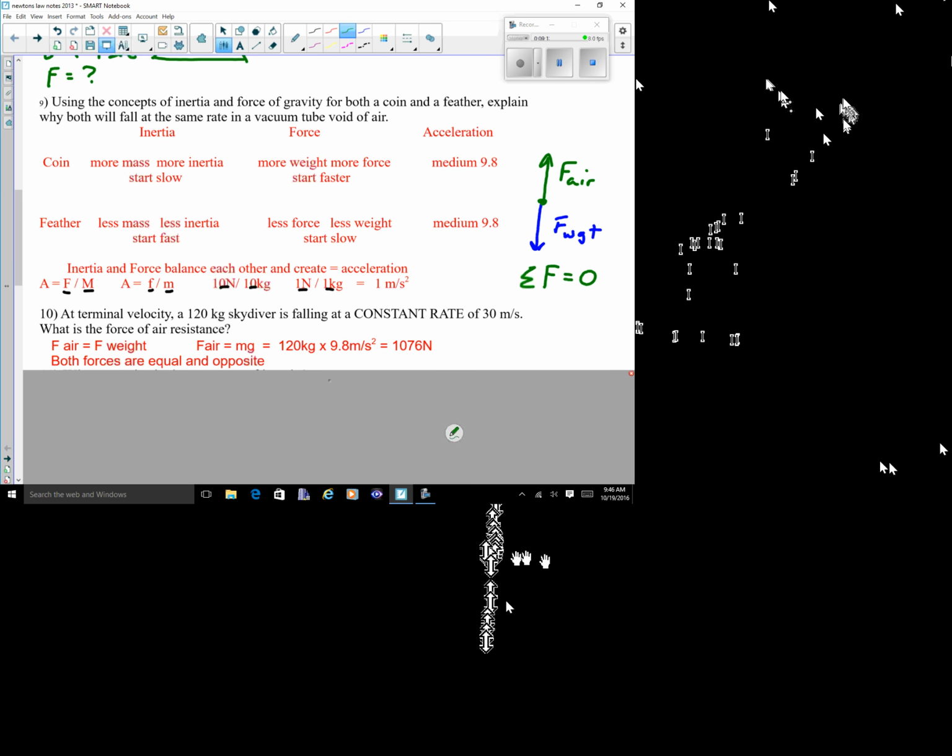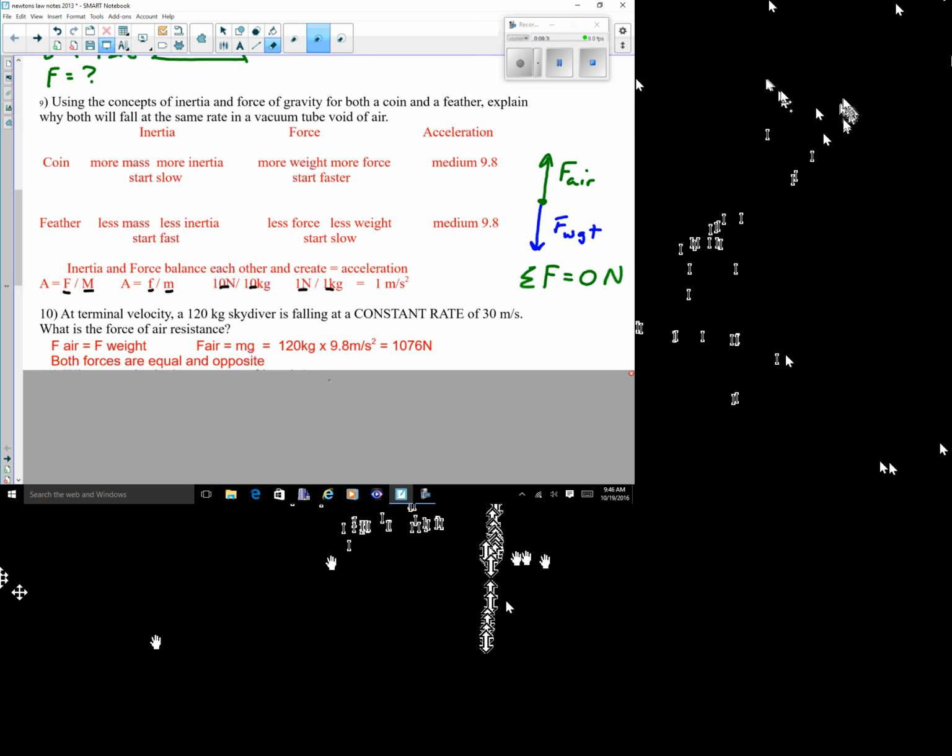So look at this. It says at terminal velocity, a 120 kilogram skydiver is falling at a constant rate of 30 meters per second. What is the force of air resistance? Well, the force of the man is his mass times acceleration. You've got to remember his mass was 120. See, I got 120 kilograms there, times his acceleration of 9.8 meters per second squared.